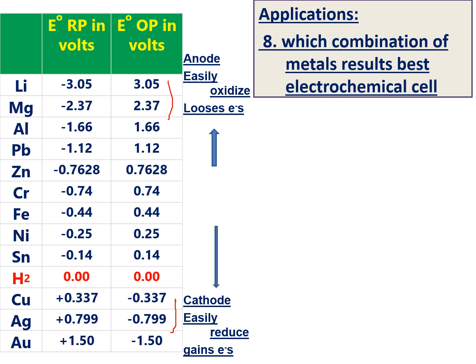So one has minus 3.05 and this value is plus 0.799.